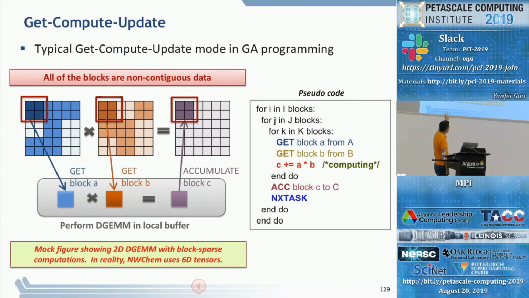Depending on how the matrix looks, you end up with all different kinds of patterns, without a really regular pattern to access it. So that's how RMA becomes quite useful in this case.